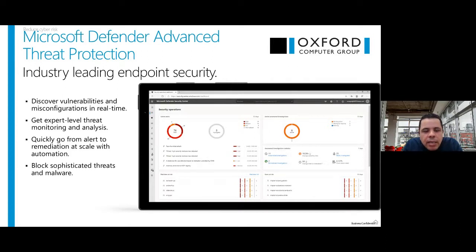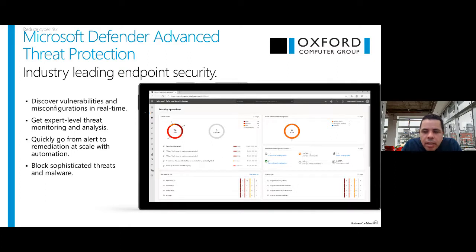Using advanced artificial intelligence, Microsoft Defender for Endpoint, previously known as Defender Advanced Threat Protection, can detect zero-day exploits like these, and once discovered, it will go to work with its automated capabilities and response features.